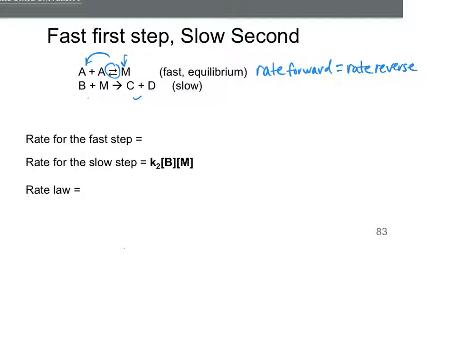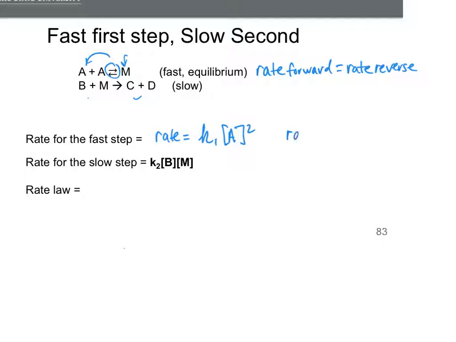In any case, the rate for the fast step, in the forward direction, rate equals K1 times A squared. So it's A plus A squared. We also need to know about the reverse reaction.